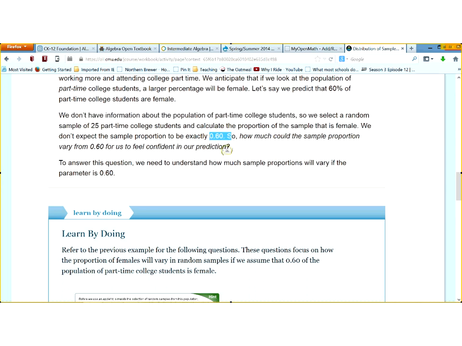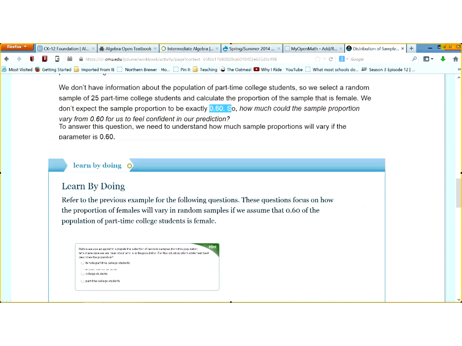So how much could the sample proportion vary from 0.60 for us to feel confident in our prediction? To answer this question, what we want to do is understand how much the sample proportions will vary if the parameter actually is 0.60.